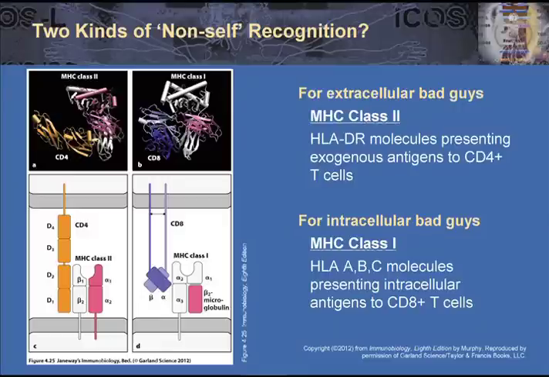Now, these two kinds of self are shown here in a diagrammatic on the left-hand side. In the upper panel are ribbon diagrams of the MHC class II and the MHC class I, silver representing the backbone in which those molecules exist. And orange in the left-hand panel shows the CD4 molecule from MHC class II actually binds to that silver backbone.